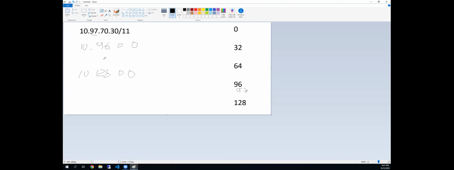So if I subtract 1 from this second big subnet, it's going to be 10.127.255.255. Because this is zero, subtracting one gives 255, and that is the broadcast.